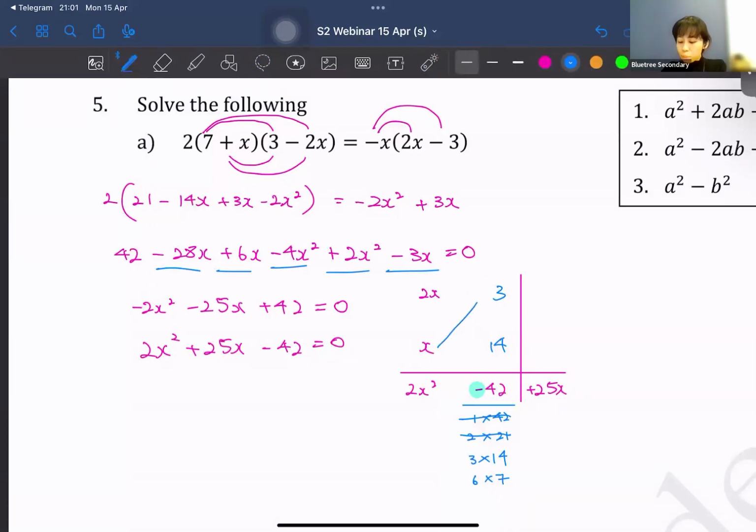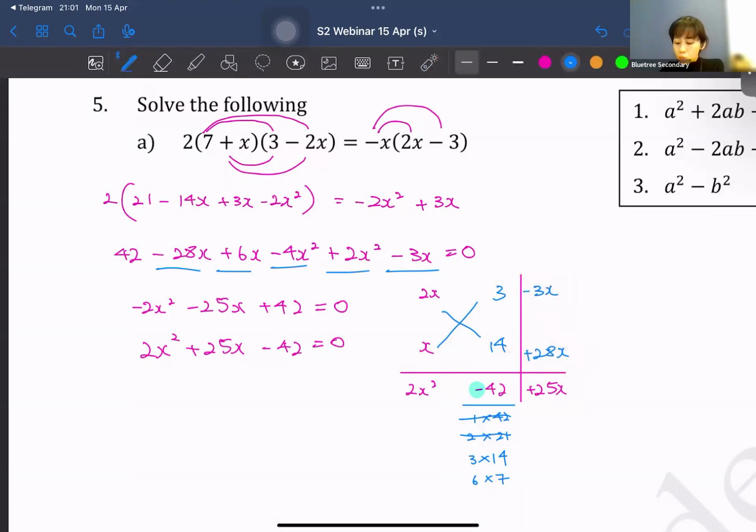So if I were to cross multiply, this will give me 3x. Cross multiply, this will give me 28x. Then you're like, if I take 28 and minus away 3, I actually get 25. So this is where that negative sign is going to go. Since my final outcome is a positive number, that means to say the bigger of the two has to be positive.